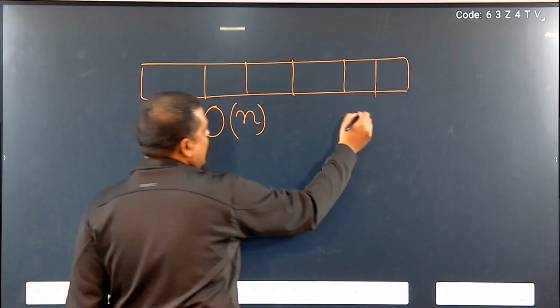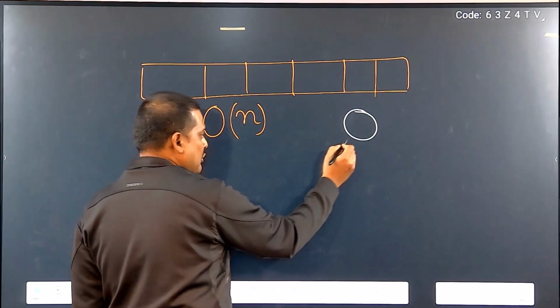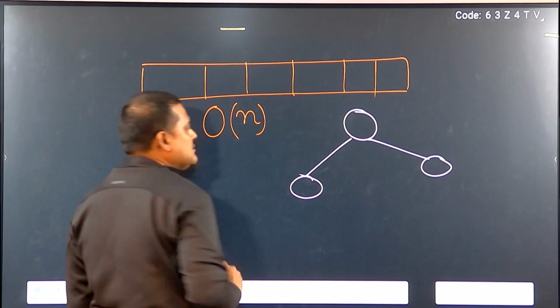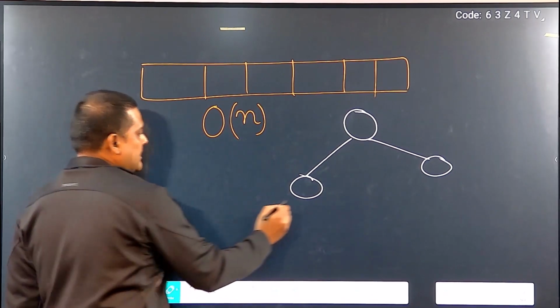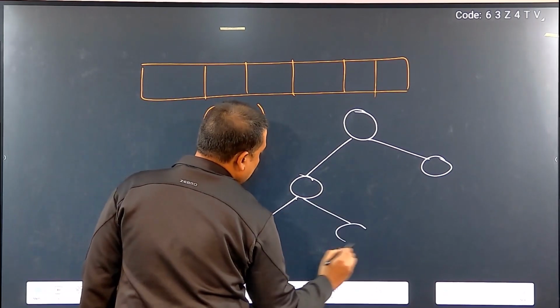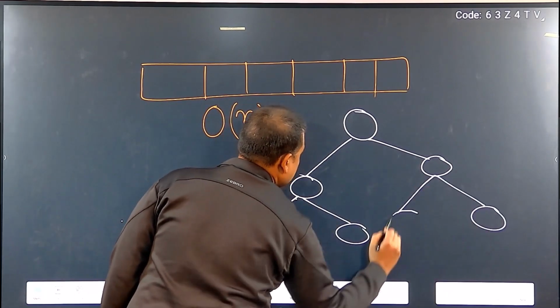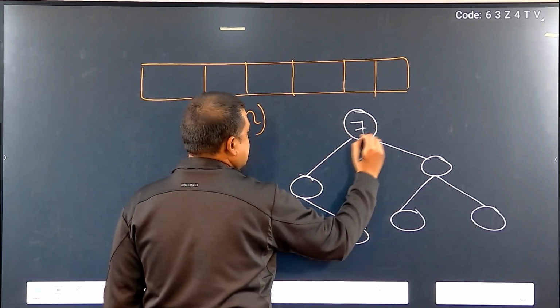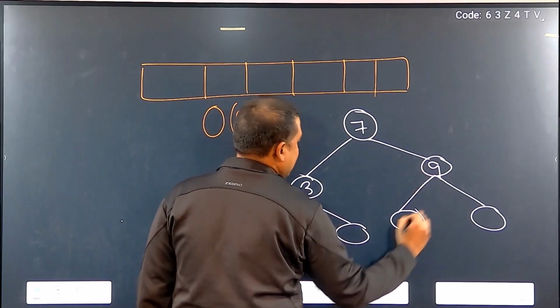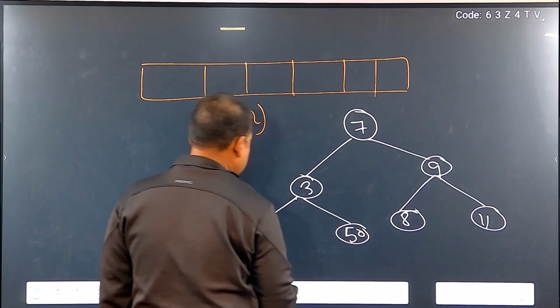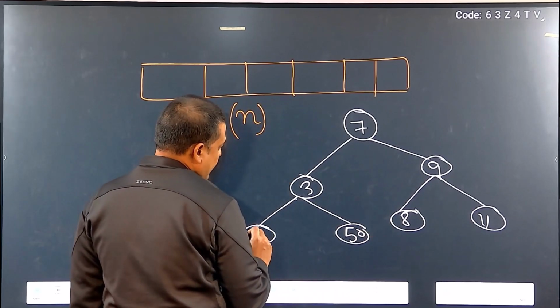Say for example, this is a node and we are trying to store these values in a binary tree. Binary means 2. When there is no specific arrangement, like here is 7, here is 3, here is 9, here is 8, 11, 50, this is called a binary tree.